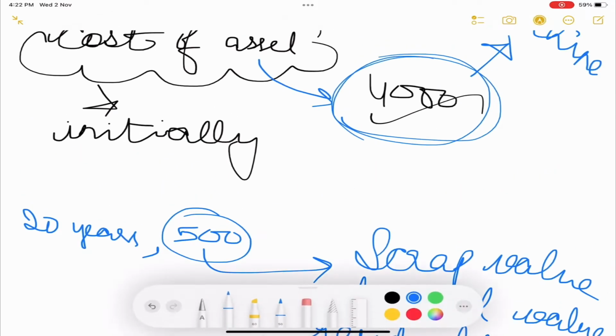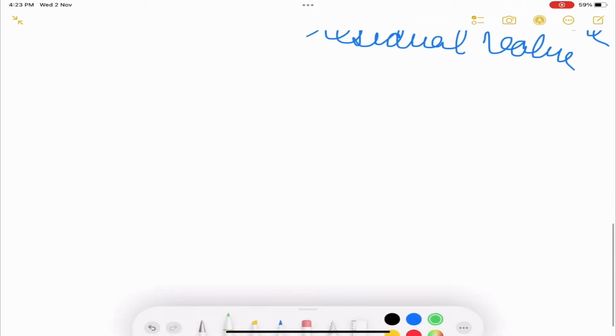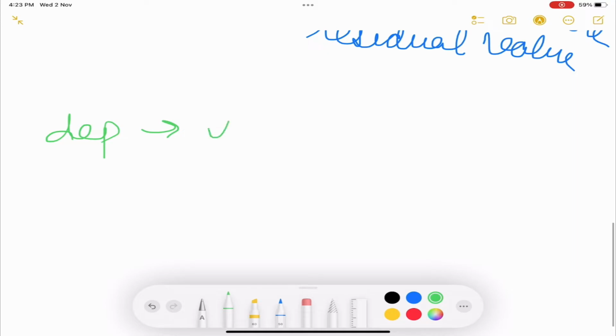Now, the 4,000 which I had initially acquired, today I will be getting only 500 on it. So if you think about it, I have a loss of 3,500, right? What is this loss actually? This loss is known as depreciation. We have done this in part 1 of this video, and you know what depreciation is: the wear and tear of the asset.